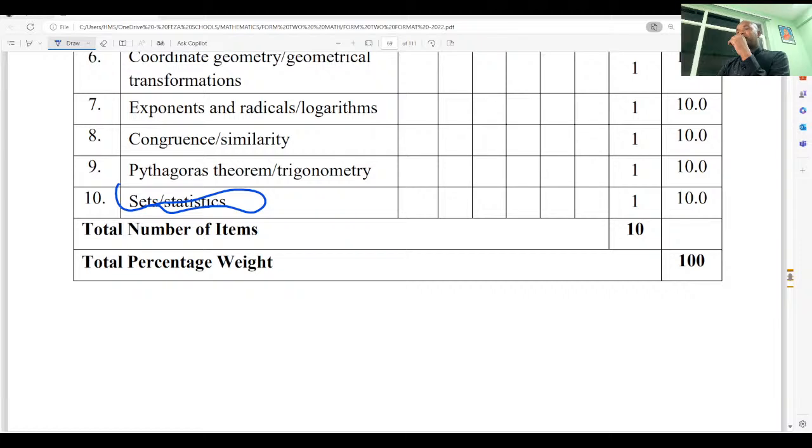The next part: calculate the number of students who passed the examination if the pass mark was 50%. So if the pass mark was 50%, we're going to add only the total number of students who have 50 and above.